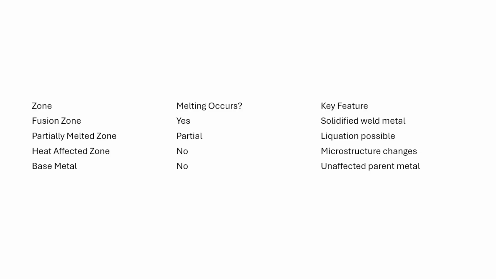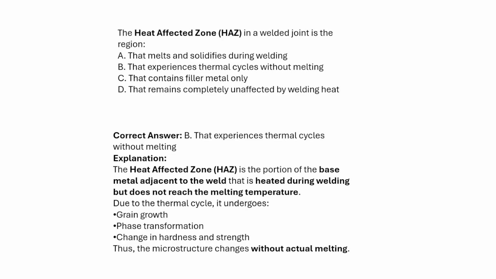Okay. Next: the heat affected zone in welding joints is the region, what is the region? The metal that melts and solidifies during welding. No, because in the heat affected zone no melting takes place. The one that experiences the thermal cycle without melting.